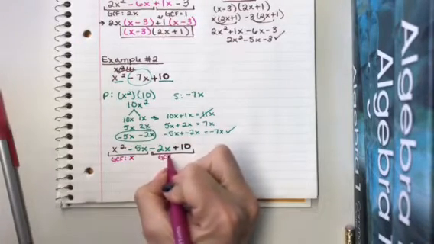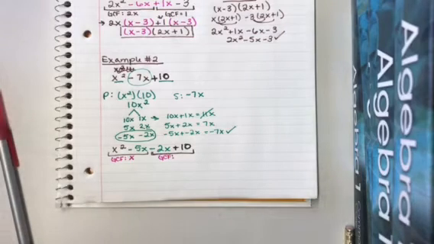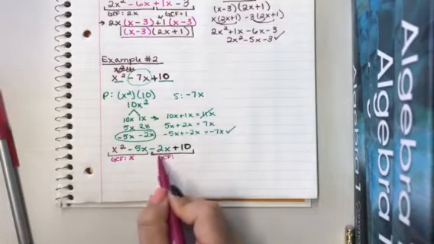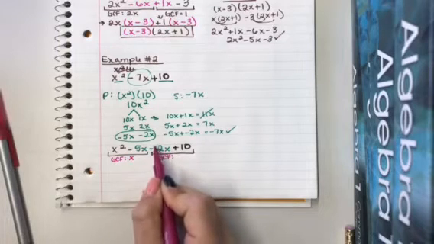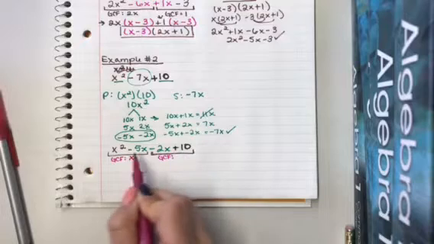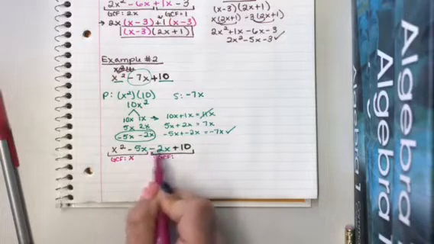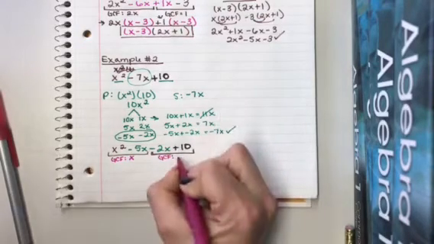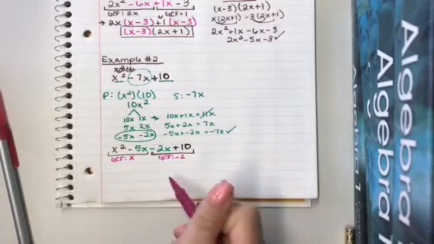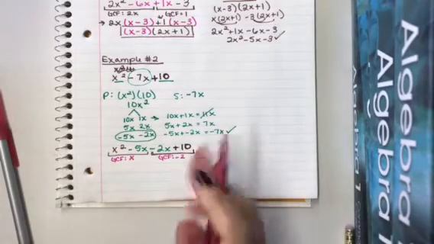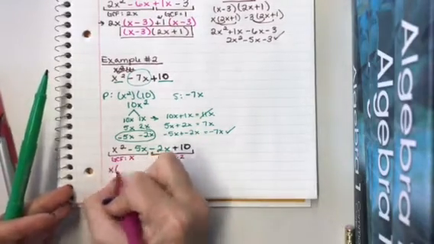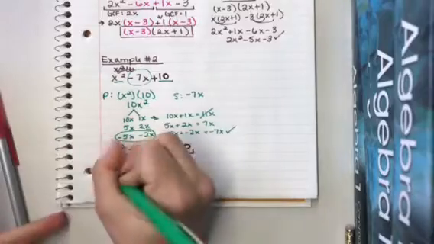And my greatest common factor for my second piece is going to be negative 2, because that's the sign that I see here, and I want to make sure that these two signs are going to match. So this is going to have to be a negative 2. And if you ever end up with the wrong sign, you just know that you pulled out the wrong greatest common factor sign, okay?